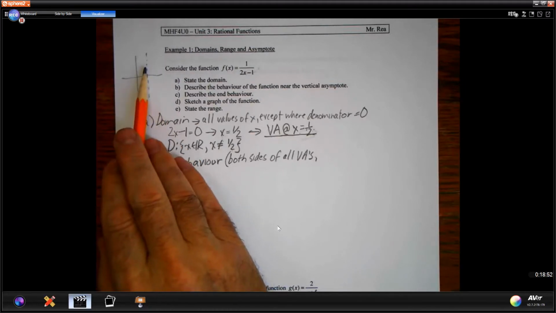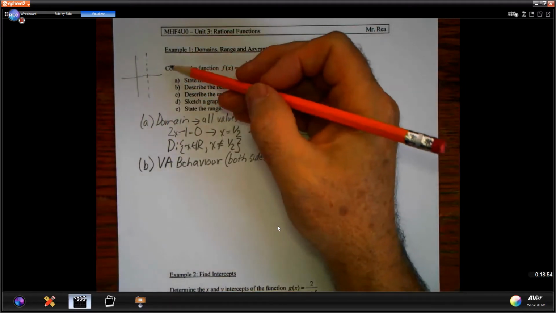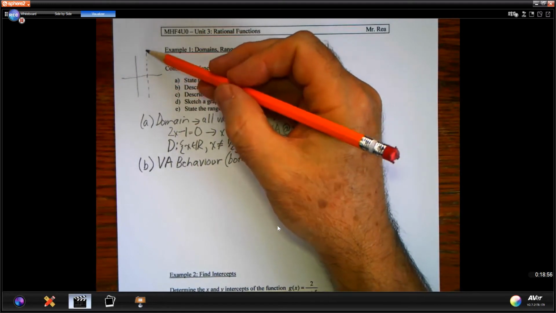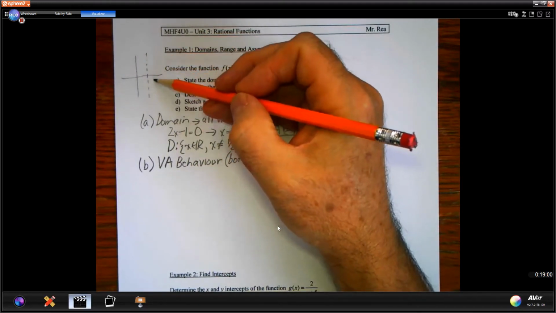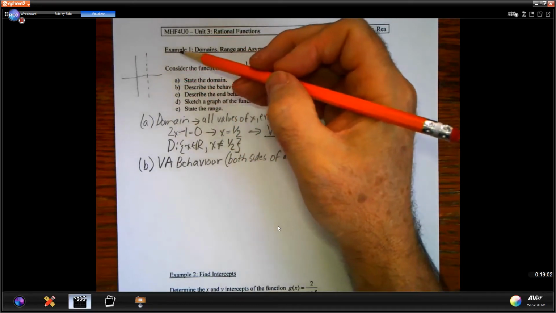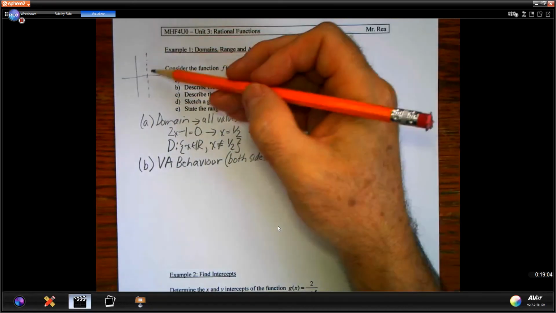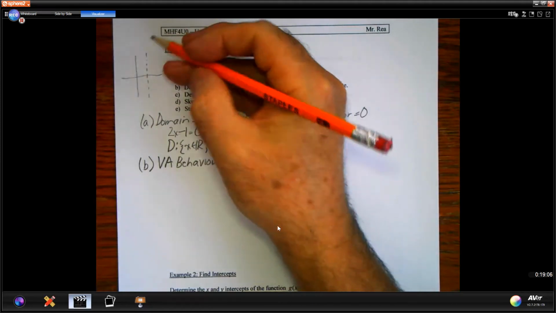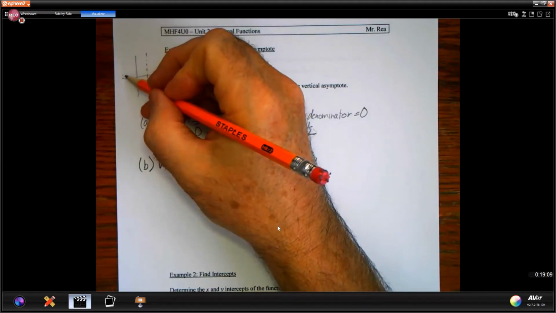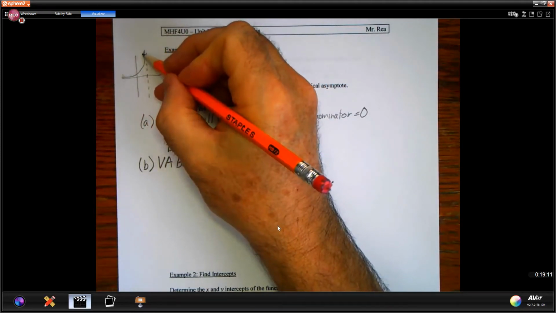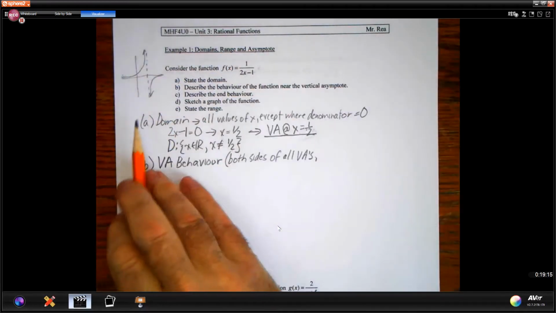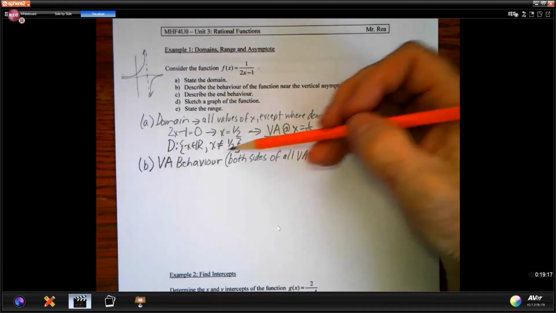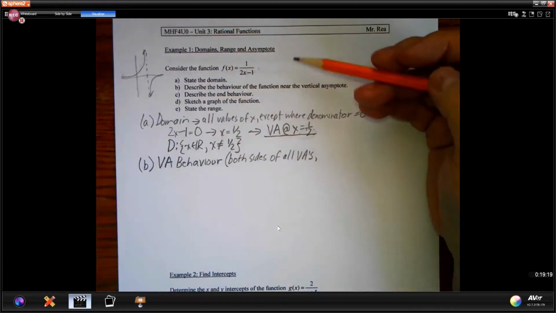And we know it can't cross, so what's going to happen? Well, it's either going to veer off to the positive side, or it's going to veer off to the negative side. So for example, maybe coming from this side, it goes up, and maybe from this side it goes down. We're going to figure that out. But there are only two options that can happen with vertical asymptote behavior.